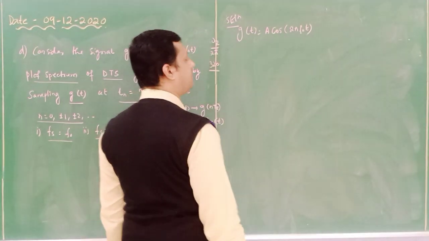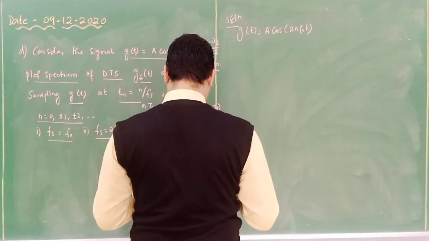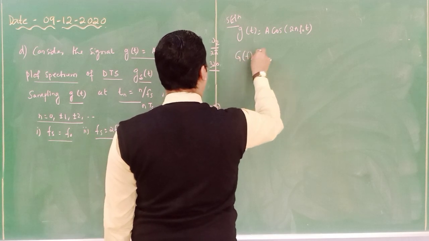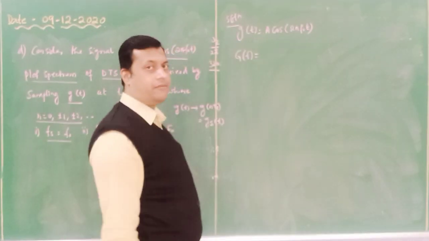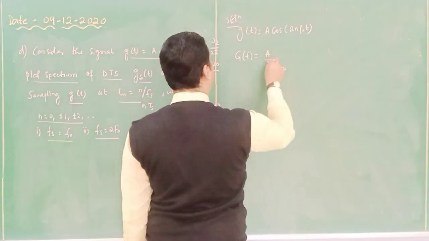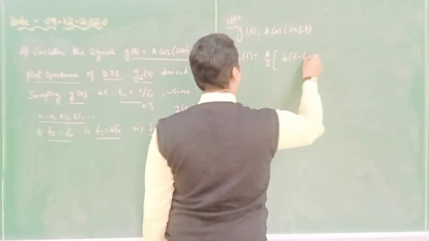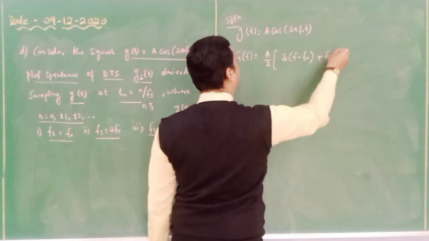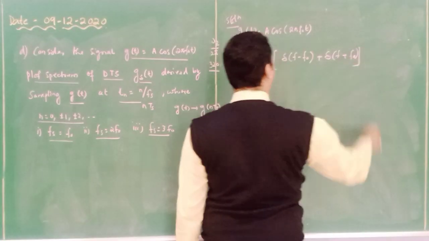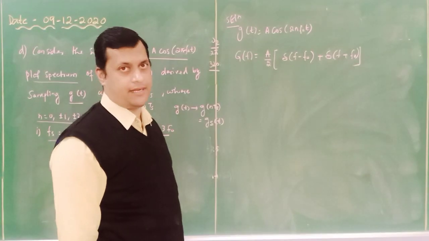If I am doing sampling, then first I need to identify G(f), then we can go for G_δ(f). So G(f) is A/2 [δ(f − f₀) + δ(f + f₀)]. Why am I using this Fourier transform? Because it is easy to represent in the sampled manner.